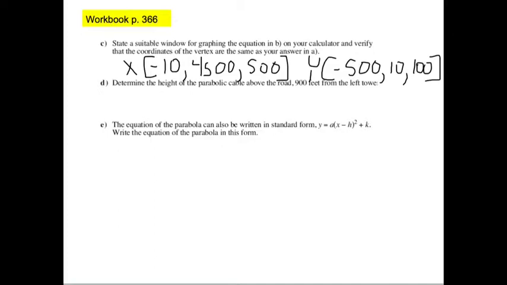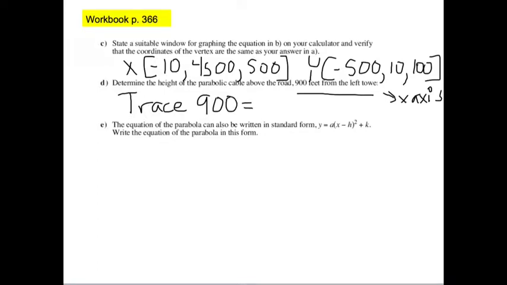So for D, determine the height of the parabolic cable above the road 900 feet from the left tower. On a calculator, it's pretty easy to do because 900 feet from the left tower, we're talking about the x-axis. So all you need to do is hit trace and 900, and what you should get is about negative 330.